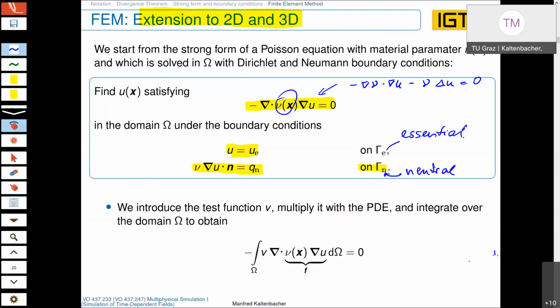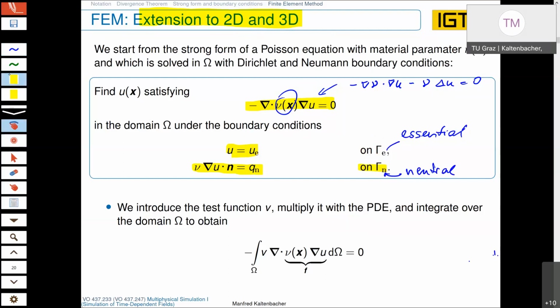We will see that any Neumann boundary condition we can incorporate in the weak formulation. The Dirichlet boundary condition is not incorporated. So we have, in addition, to fulfill not only the weak formulation of the equation, but also the Dirichlet boundary condition.